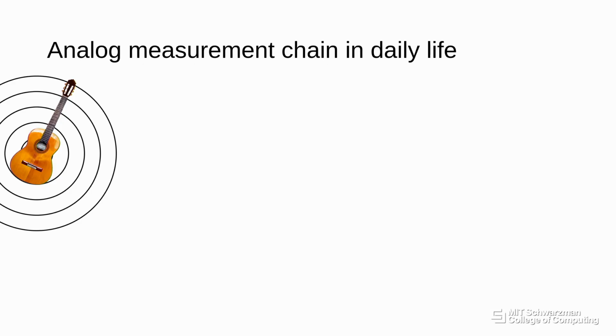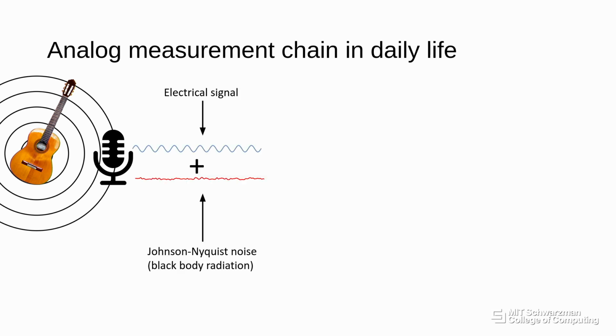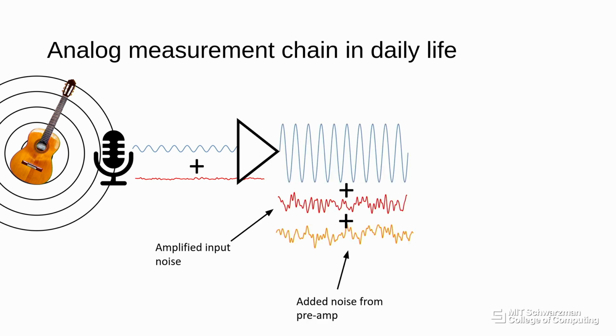So let's say you want to play some music, play the guitar, and you want to share it with someone else that's remote. You could use an electrical microphone to transduce this acoustic signal into an electrical signal. This will have some noise associated with it. It's actually blackbody radiation. And you'll place a preamplifier to increase the amplitude of that.